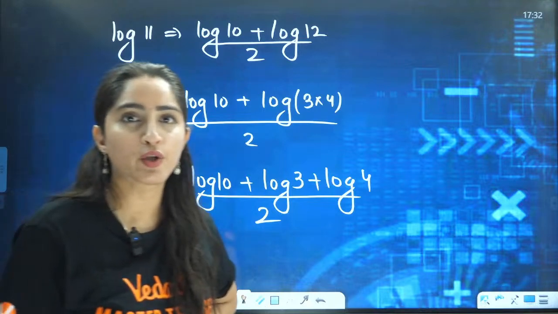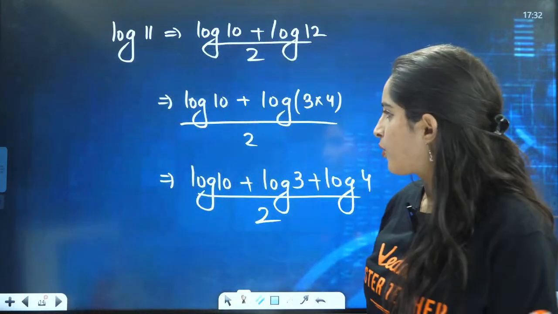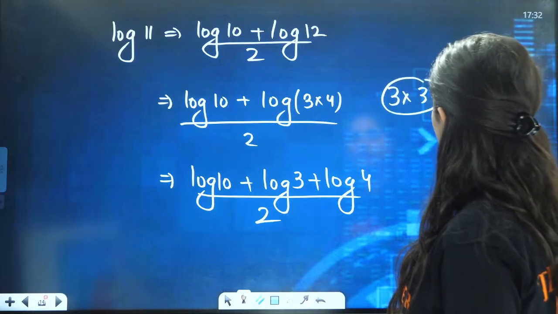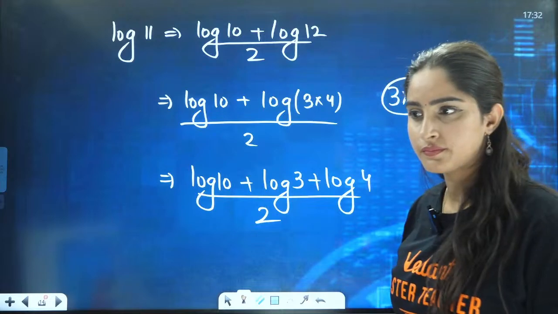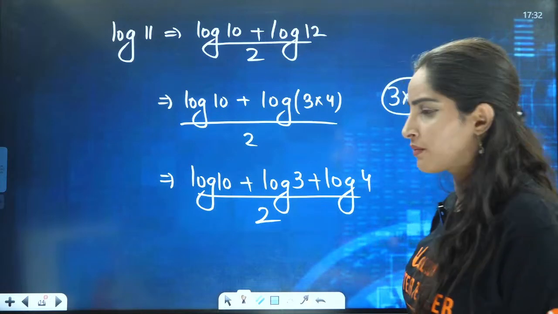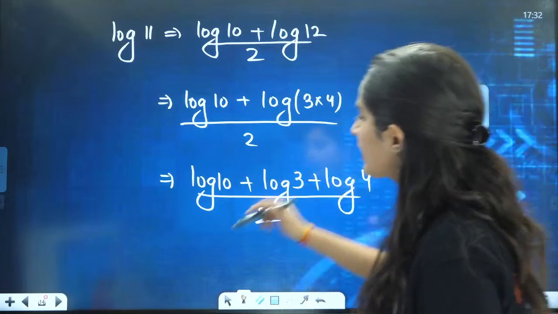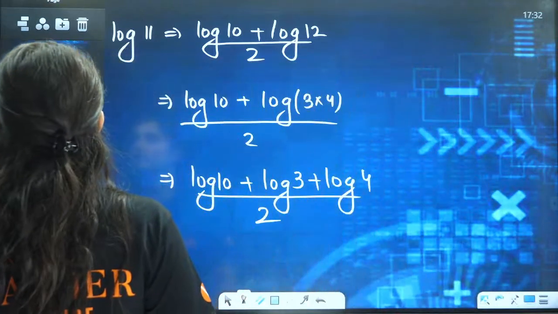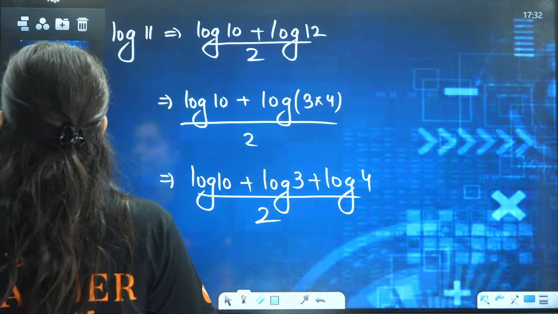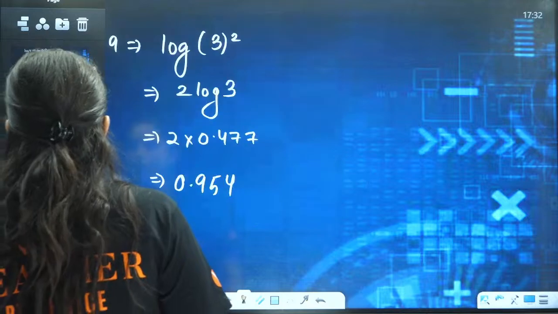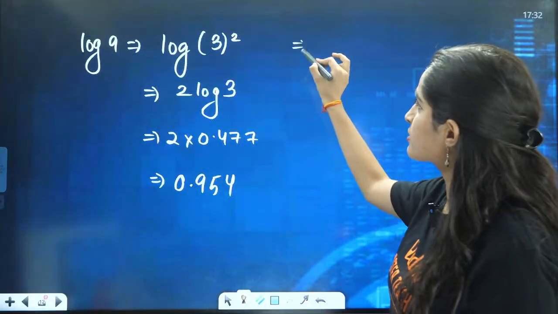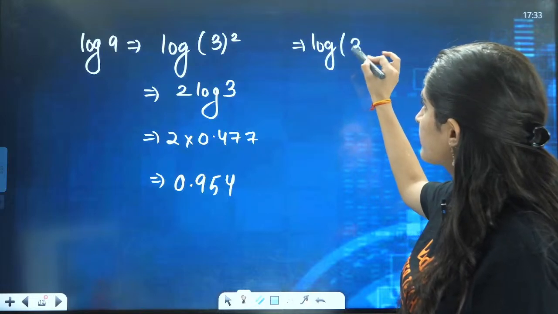Mandar, what is 3 into 3? 3 into 3 is 9, right? That is what I am saying, I calculated the same thing here. We were at log 9, so you can take it as 3 square or as log 3 multiplied by 3.